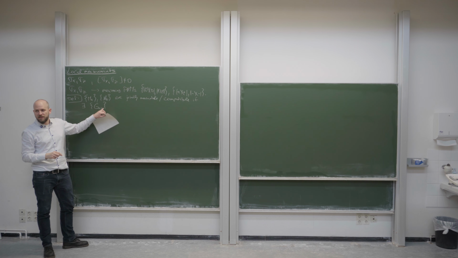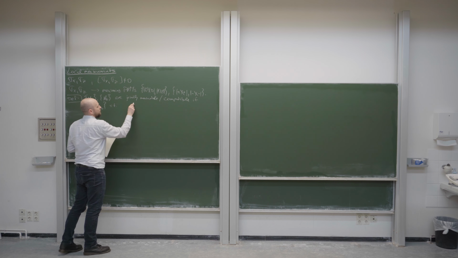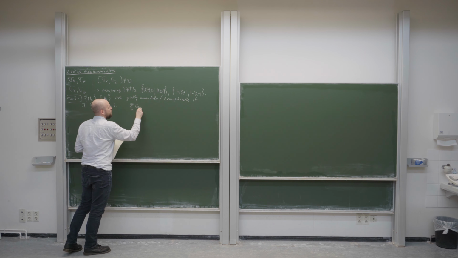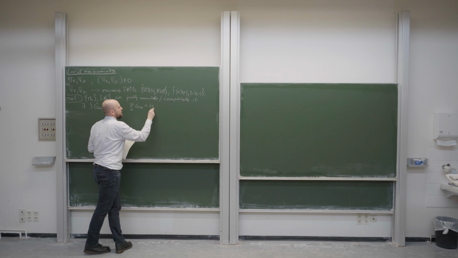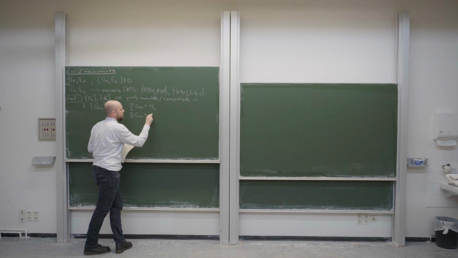So it's a POVM, but it's indexed by two indices, such that if you sum over B this G_AB, you get M_A, and if you sum over A this G_AB, you get N_B.